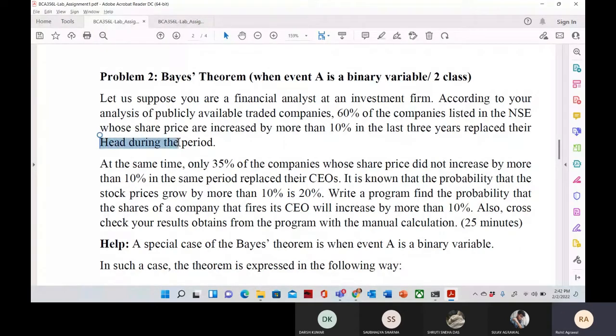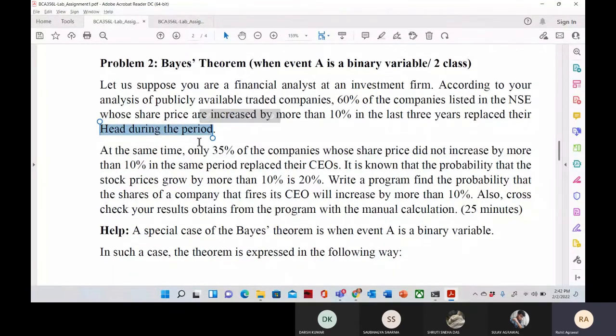So there are three things given. First is the 60% of the companies listed. Second is that the share price increased by more than 10%. Third is that they replaced their head. We do not know which one is A, which one is B. So we will see.